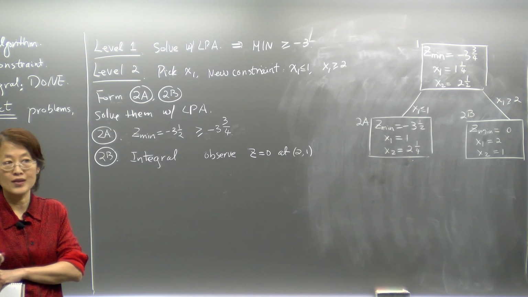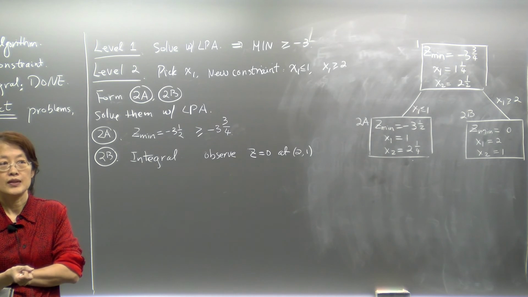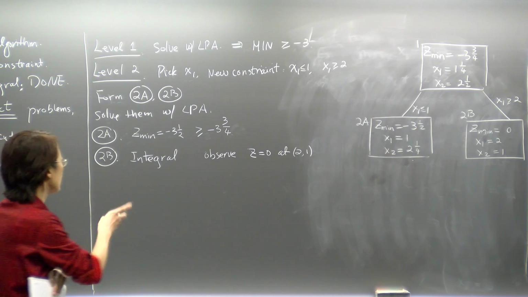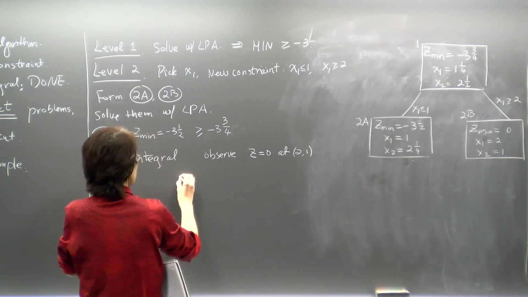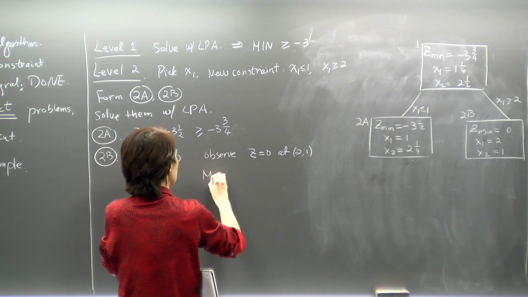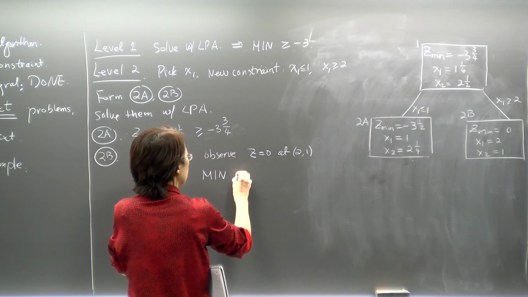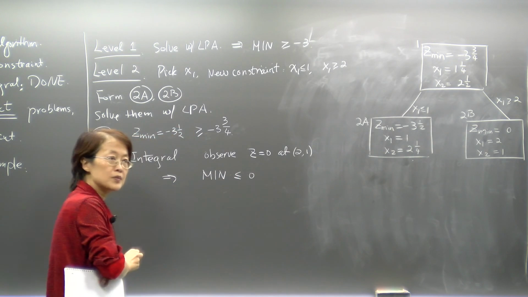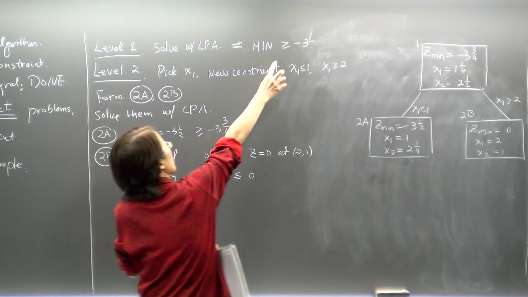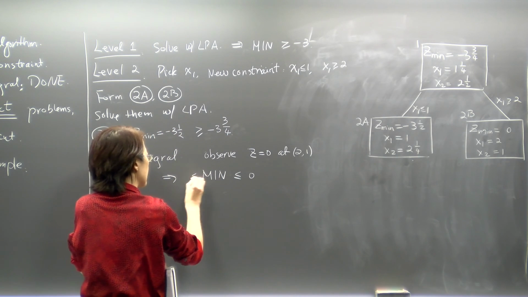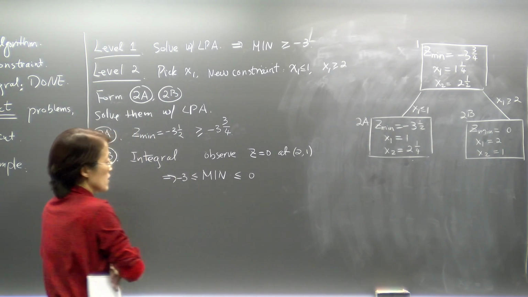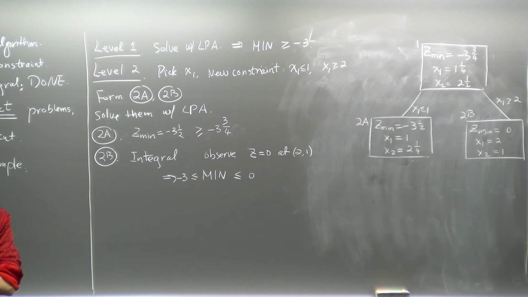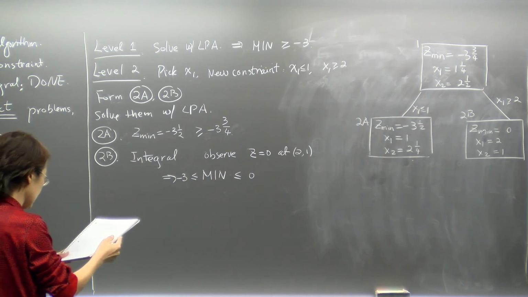If it's bigger than 0, that's not my minimum. Does that make sense? So now I know the minimum value, this gives me this information. The minimum value will be less than 0. Collecting what I had from the first step, it shall be bigger than negative 3. So I nail down now. I'm looking for a minimum between negative 3 and 0. Does that make sense?